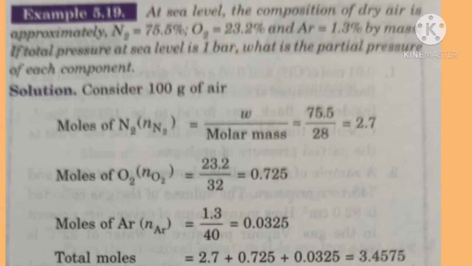Now we can calculate the moles of argon: 1.3 upon 40 is equal to 0.0325. Now the total number of moles is 2.7 plus 0.725 plus 0.0325, which is equal to 3.4575.